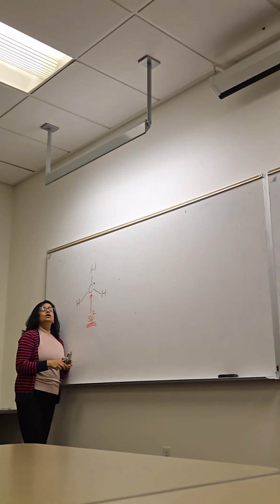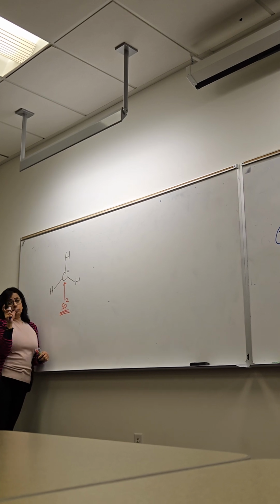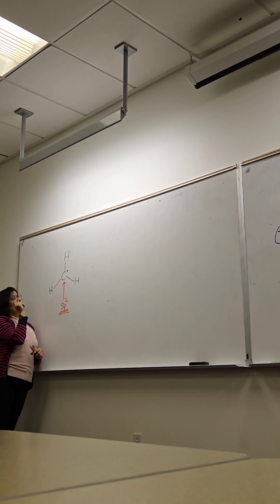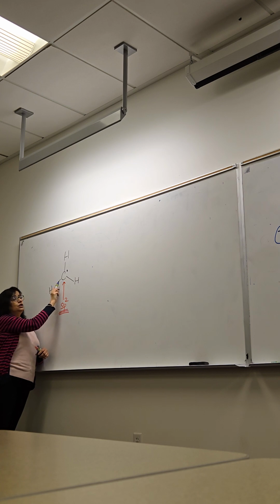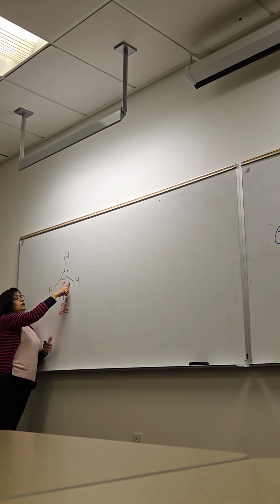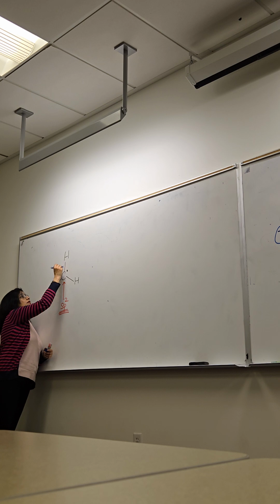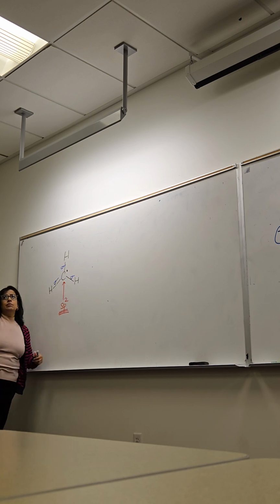So my question is, focusing on the carbon, which orbital is the carbon using to make this bond? Are these bonds sigma or pi? Sigma bonds. What kind of orbitals does an atom use to make sigma bonds?